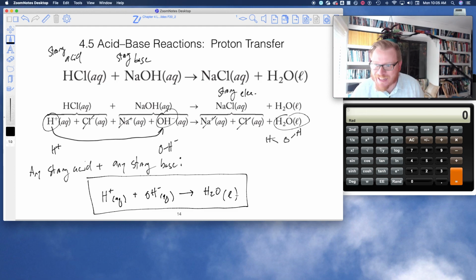So water can't be aqueous, okay? It's a pure material, all right? So that means water has to be a liquid, solid, or a gas. So you're going to hear me say that all the time. Water is always a liquid unless it's a solid or a gas, okay? So it's not aqueous.